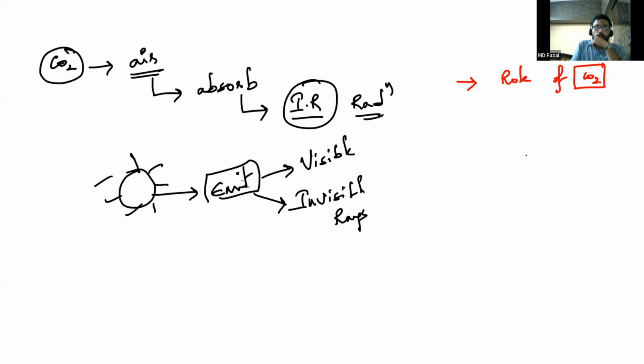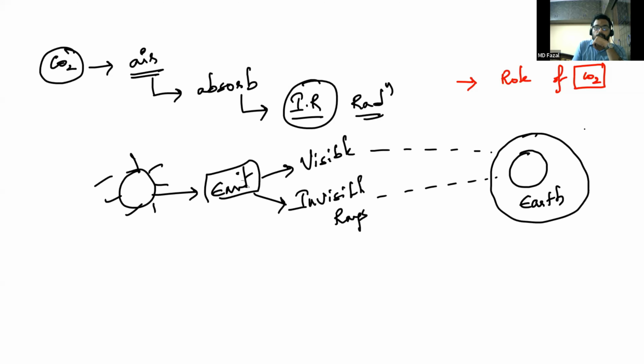So all this is being captured by the earth. Earth is always protected by the atmosphere. Now, when these have been captured by the earth, remember, carbon dioxide is present in the atmosphere.